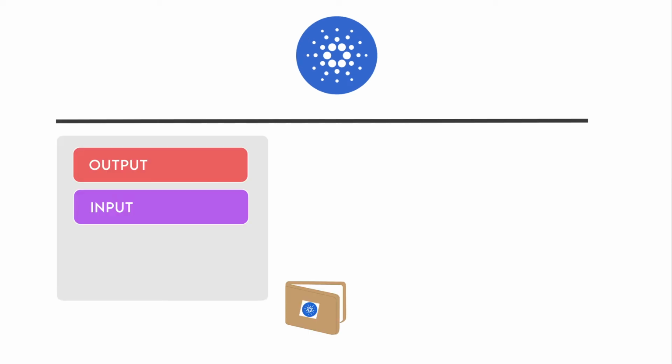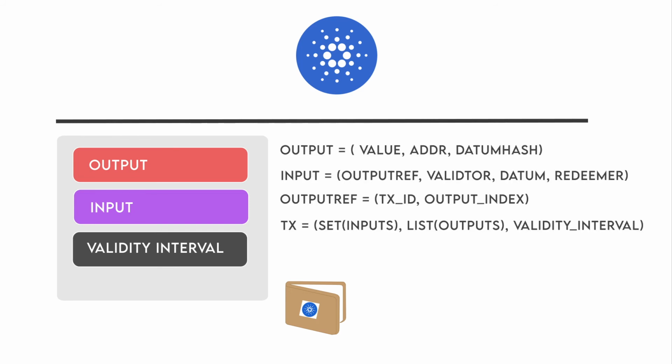So now let's look at the guts of how a transaction on the extended UTXO model might look. We have a set of inputs and a list of outputs, just as before. Only now they come with some extra data attached to them. The validator function is no longer attached to the output.